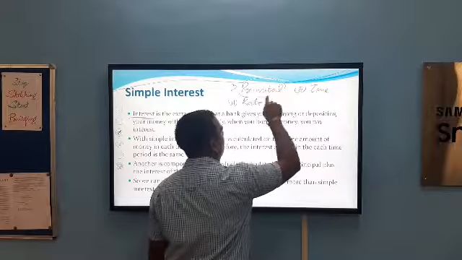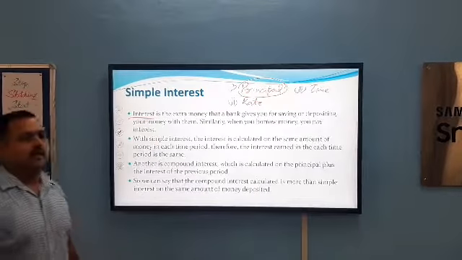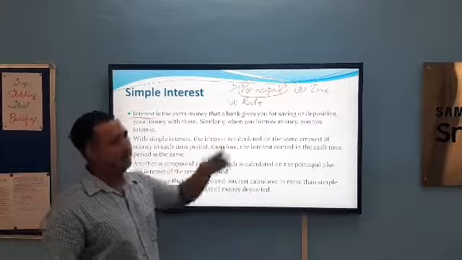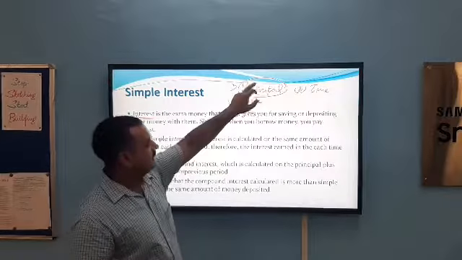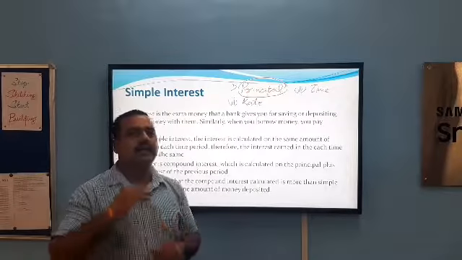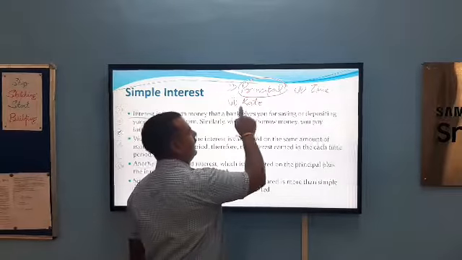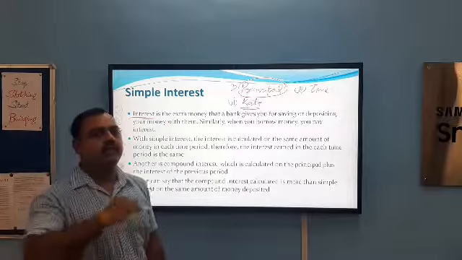Here the principal amount is the amount which is to be borrowed or given, which in case of a bank is the amount to be deposited in the bank. So this is our primary amount on which we calculate the interest. Now rate is the rate at which we get the interest or we give the interest.